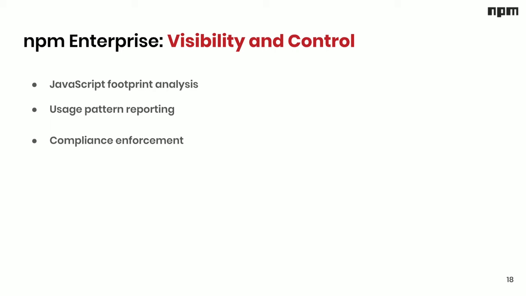It also helps you as a business understand the usage of JavaScript consumption in your organization. So these are things that are more difficult to get when you're just using the public repository. And then finally, NPM Enterprise provides controls around this so that it's easier to actually enforce organizational policies around how JavaScript is consumed.